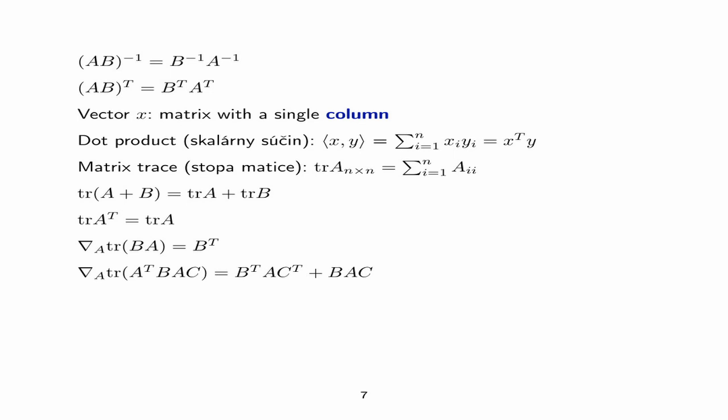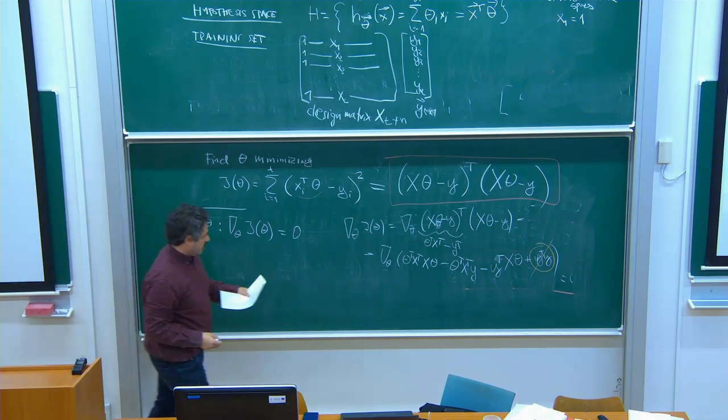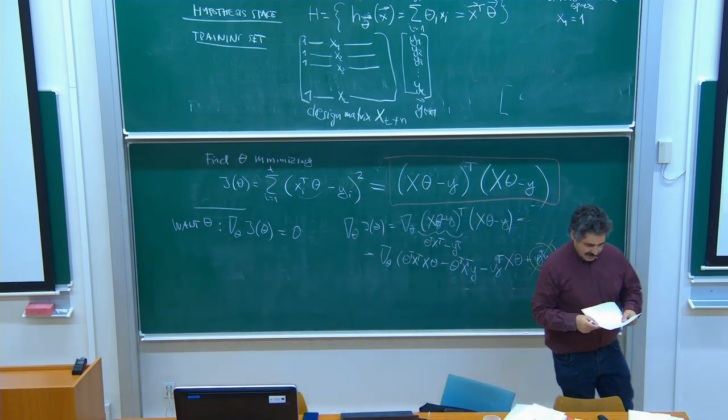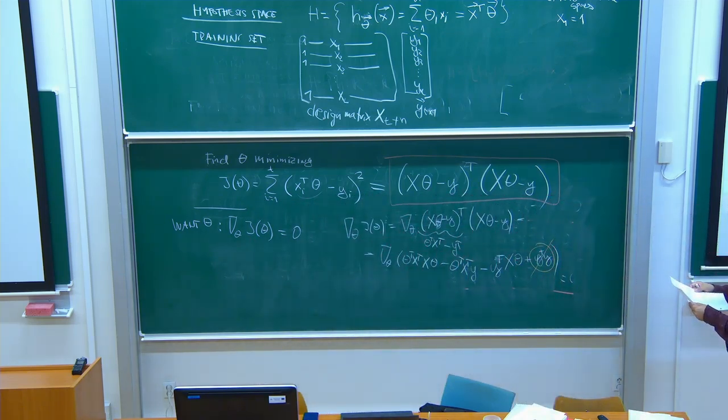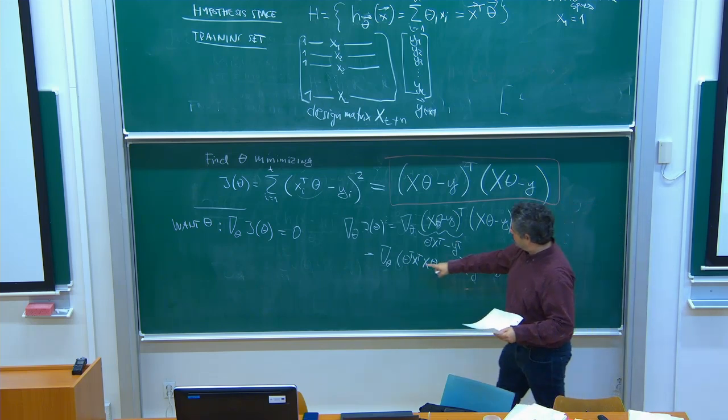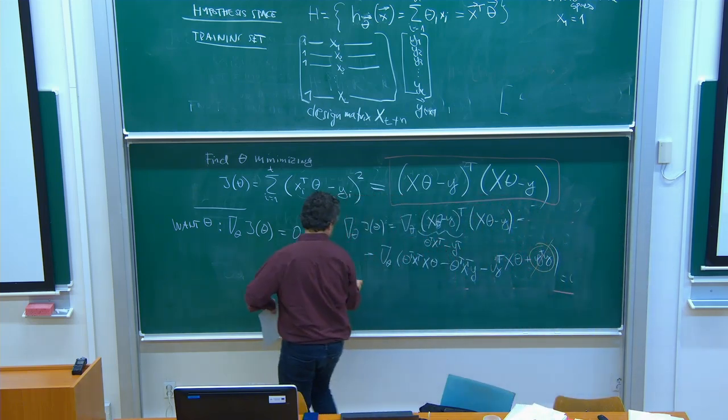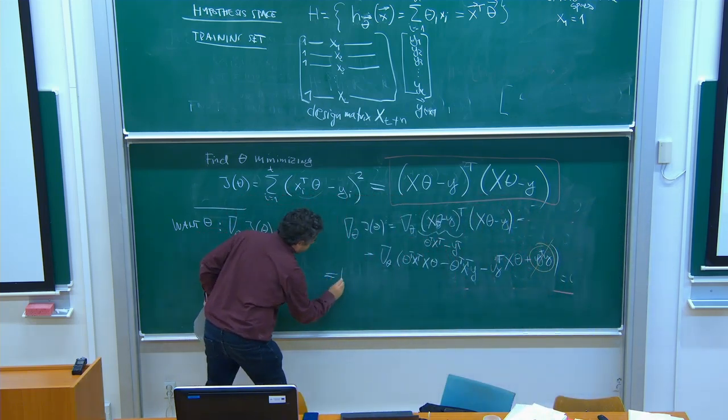In particular, if you take the derivative of the trace of a matrix, you get something like this. Let me write the next step and let's explore it. I claim that if you take this, it is the same as the following.